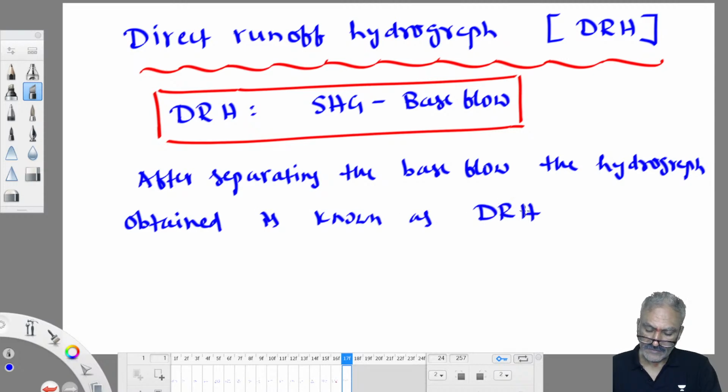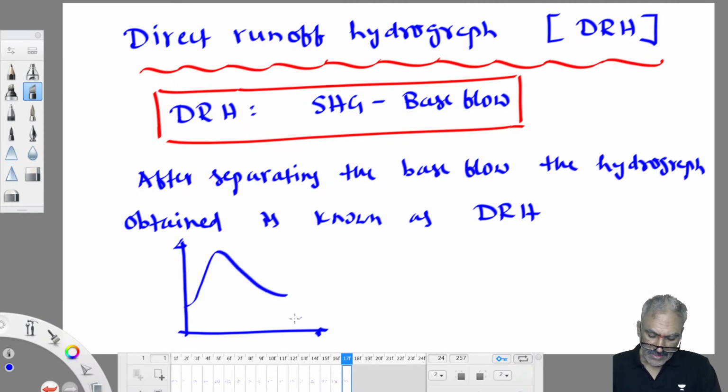So how to find out the direct runoff hydrograph? You will be given one storm hydrograph. That storm hydrograph is known to you. From this we separate base flow. Let us assume this is the base flow component. Then the remaining hydrograph on the top represents the direct runoff hydrograph.